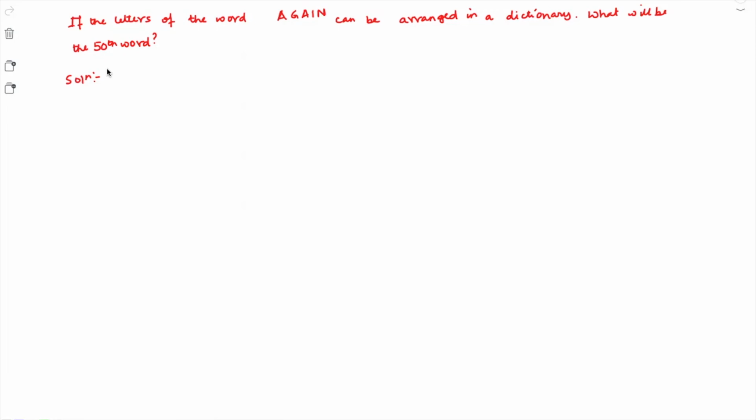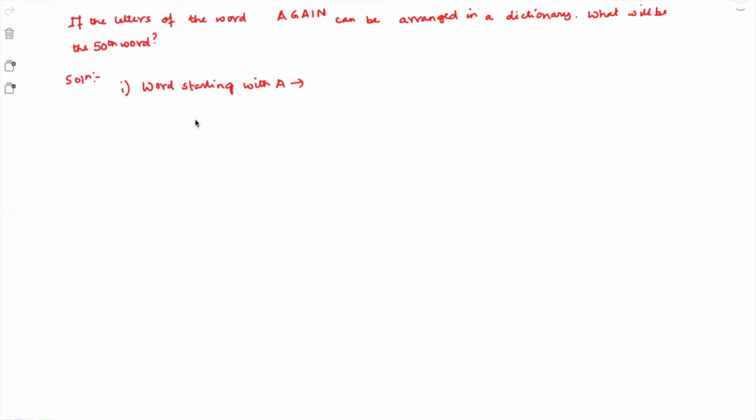So when we arrange the words in a dictionary, we see that at first, the first alphabet in the dictionary is A. That means the word starts with A. So case 1, words starting with A. This means that the first letter of the word that will be formed is A, which means A's position is fixed and we are not interchanging its position.